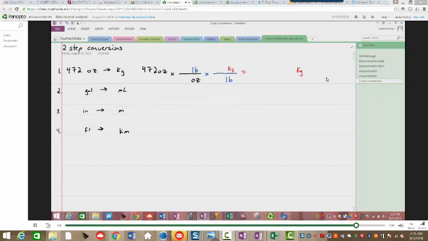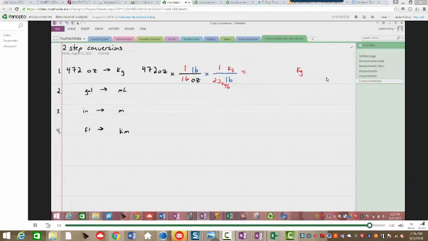So we look up those relationships and we see that in 1 pound there are 16 ounces, and in 1 kilogram we have 2.2046 pounds. I'll go ahead and use the more precise number for this example.